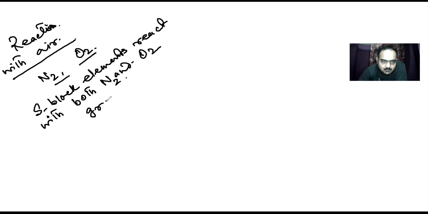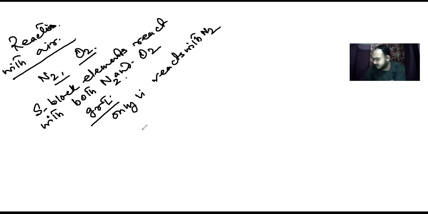In case of group 1, only lithium reacts with nitrogen, but not at room temperature.